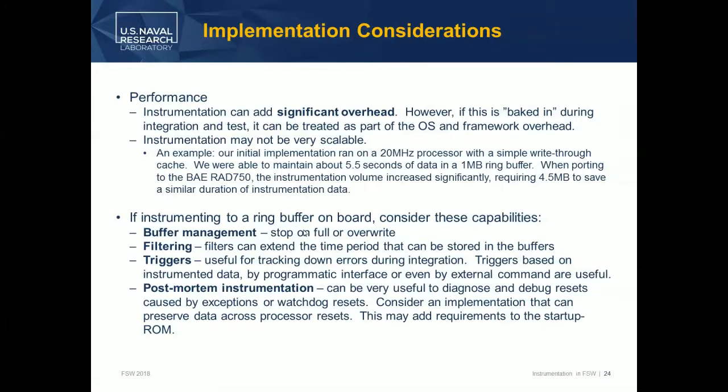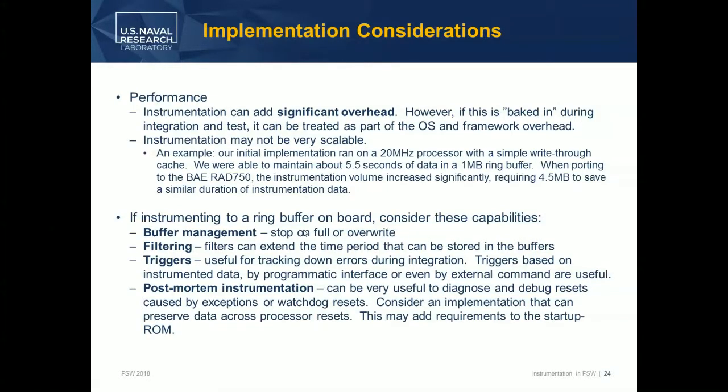When you're instrumenting a ring buffer on board, consider some buffer management capabilities, to be able to stop on full or overwrite on full depending on your modes. Adding filters can extend the period of time that can be stored in an online buffer, and that becomes important when you're trying to run down a particular value and you need a longer run of data.